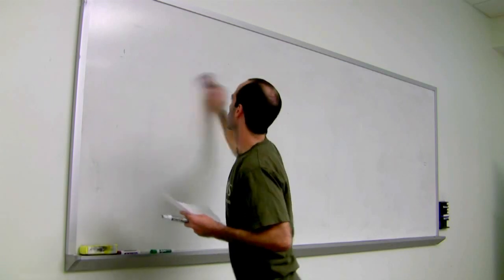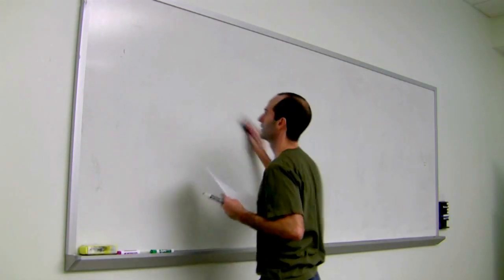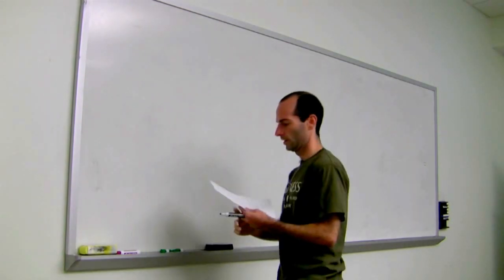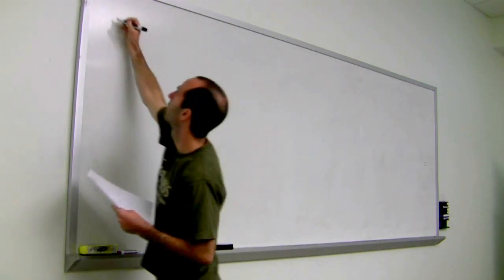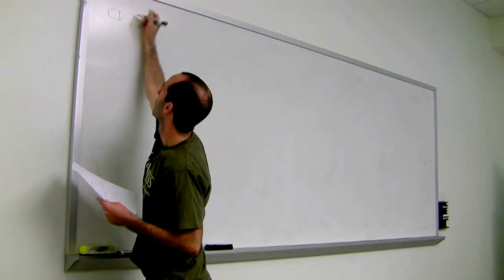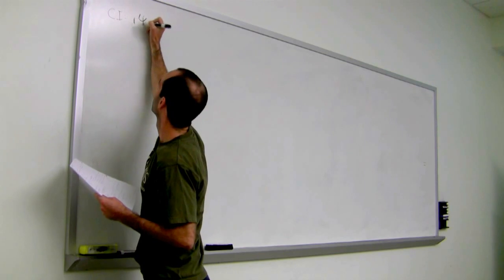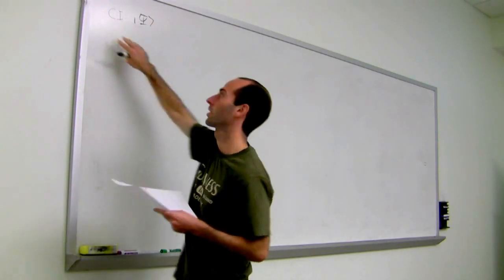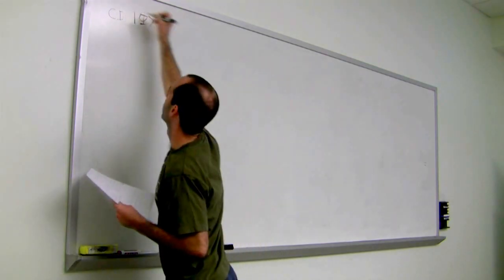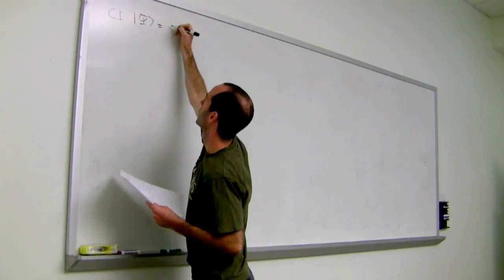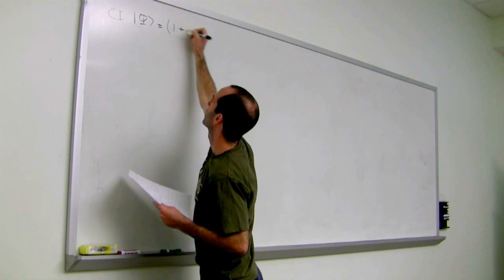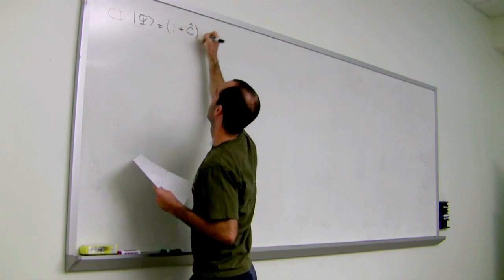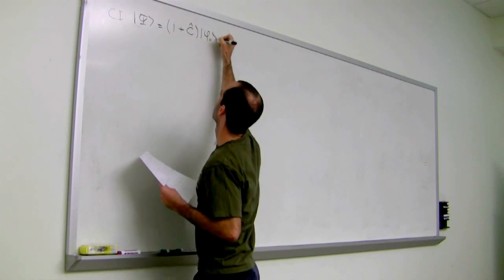So I'm going to write down the CI wave function in a slightly different way using an operator instead of explicitly writing the sum. For CI, our total wave function, we're talking about full CI and full CC right now, not any truncations. We say the full wave function is 1 plus an operator C acting on the reference.